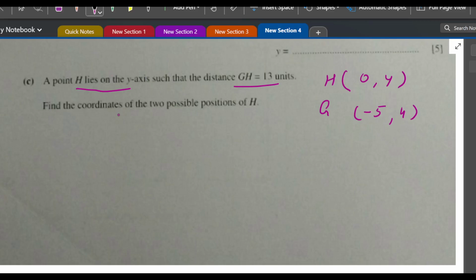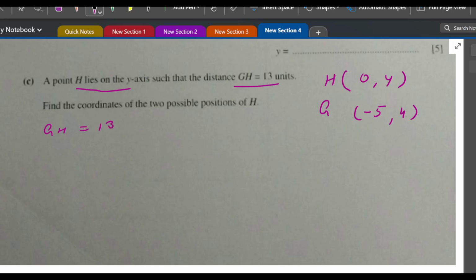And if it's on the x-axis, its y coordinate is 0. Okay, the x coordinate is 0, but the y coordinate I don't know, so I said let us consider it as y only. You can take any other alphabet, you can take b, c, x, y, z, whatever. So I took y. Okay, now distance GH is given.